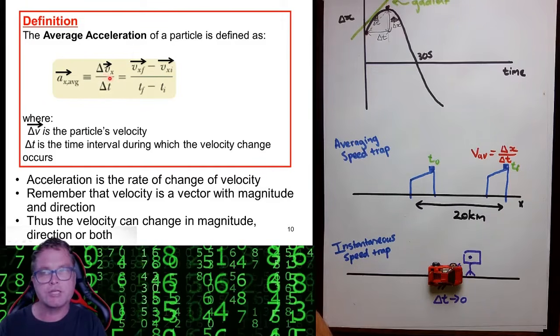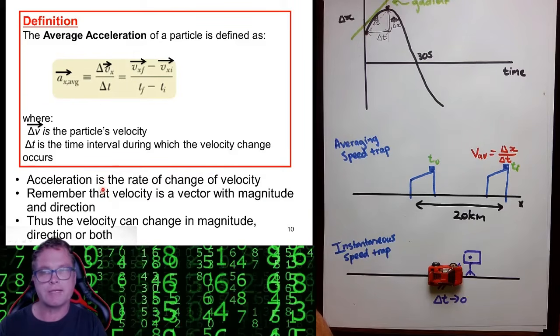This change in velocity is the final velocity minus the initial velocity over the elapsed time. So as I pointed out, the vector delta v represents the change in the particle's velocity, and delta t is the time over which the velocity changed.